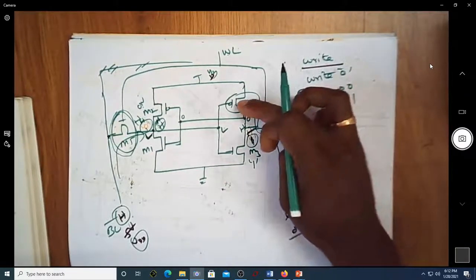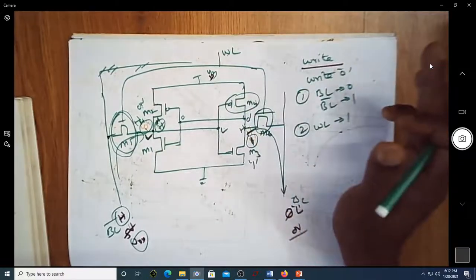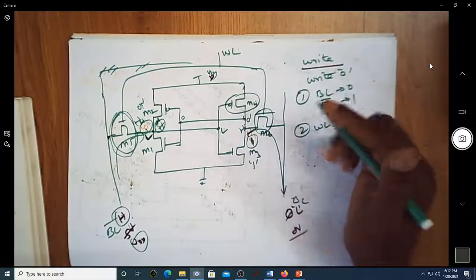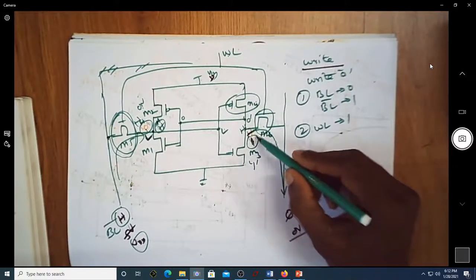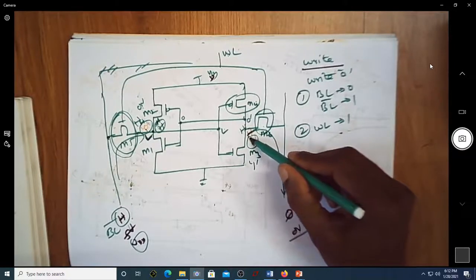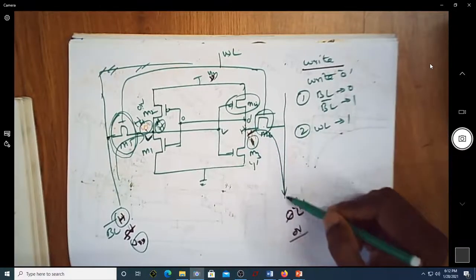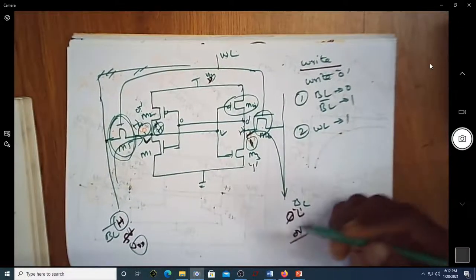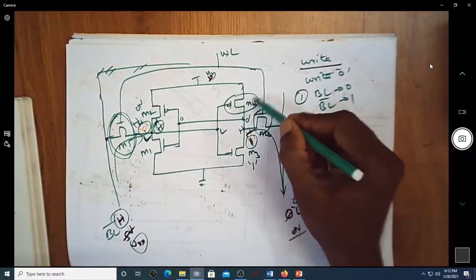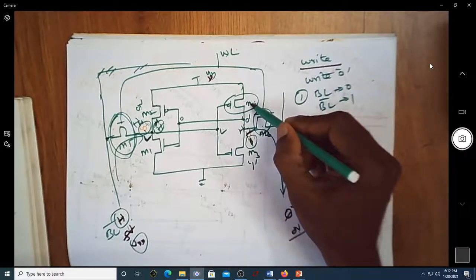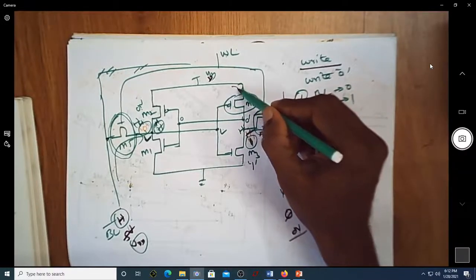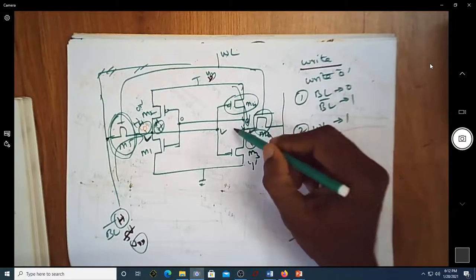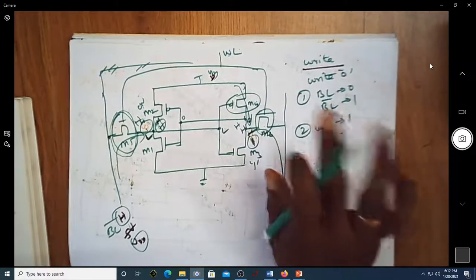Now we can see there are two transistors which are on. So what should happen? What we assume is that this one discharges through M6 and goes to ground, so that you can have a proper write operation. Assume that if this M4 is strong, does it mean that it is always making this high and it will never go to low state?